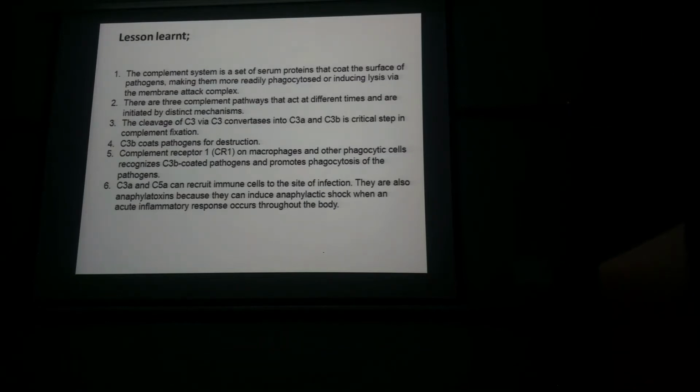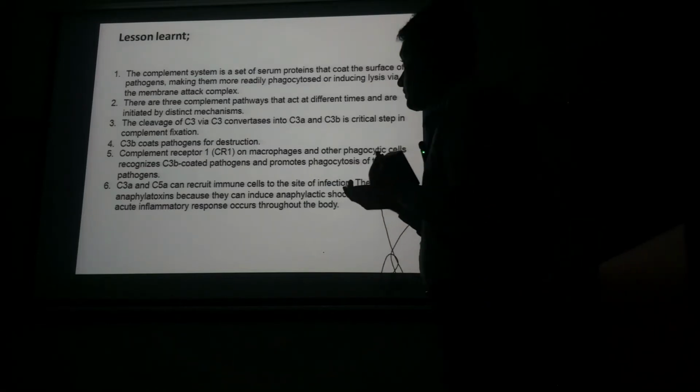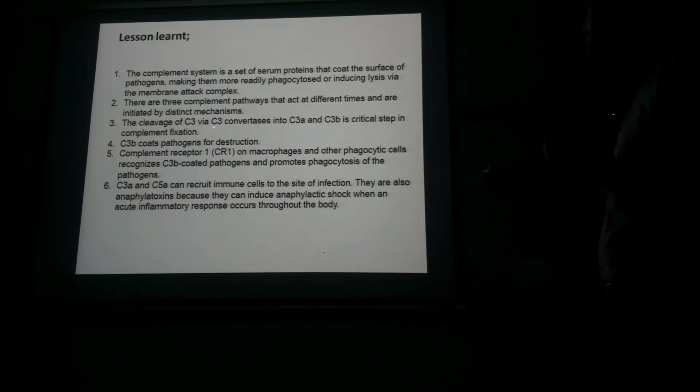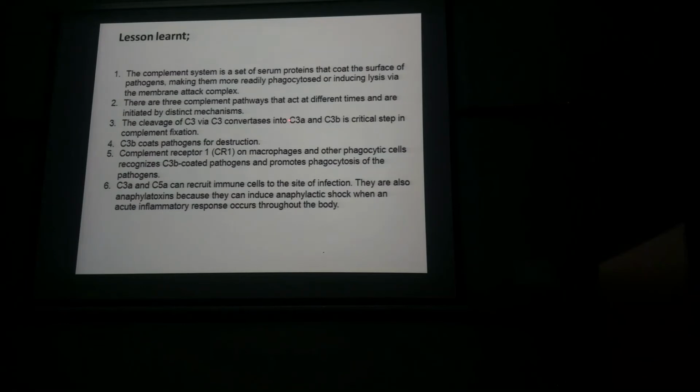And the classical and lectin pathways are doing that particular job. The cleavage of C3, by C3 convertase, into C3a and C3b is a critical step in complement fixation. Okay, C3 is the most important complement.